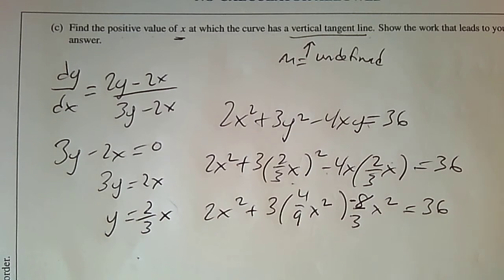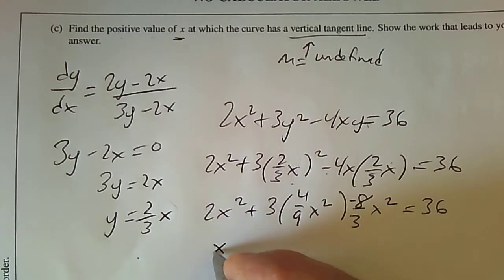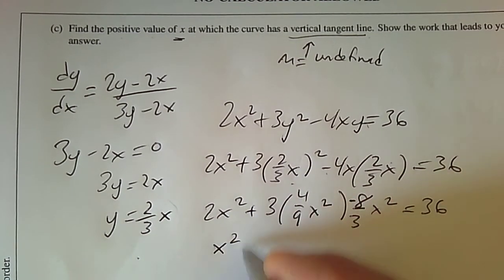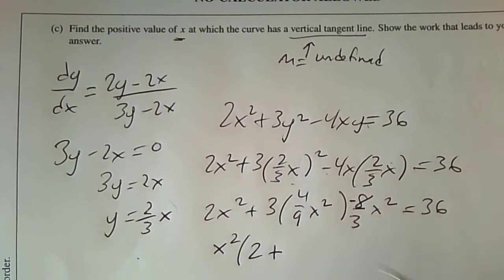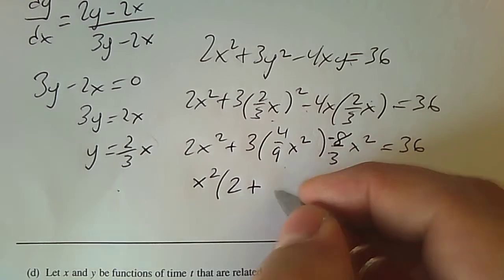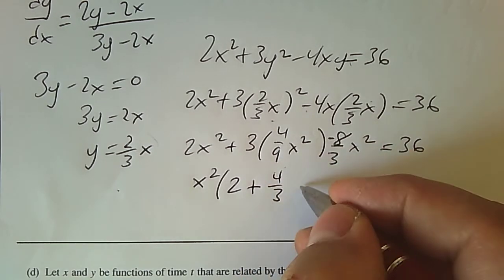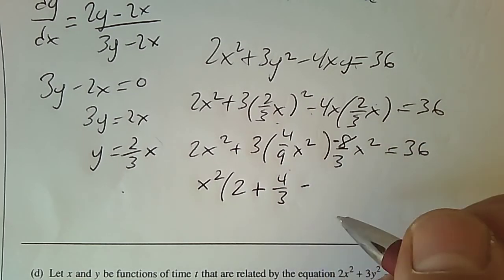So you can see all of these x squareds that we can factor out. If we factor out the first one, you get 2. If I factor out the next one, 3 goes into 9 3 times, so I have 4/3 minus 8/3.